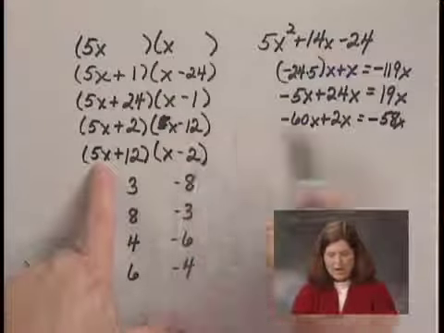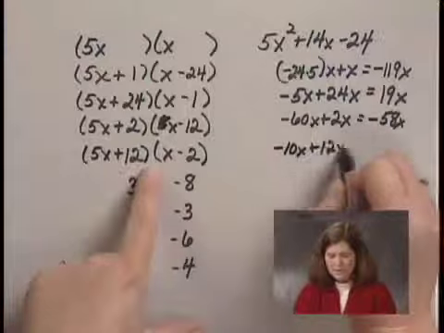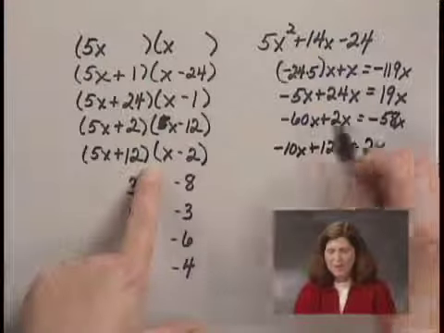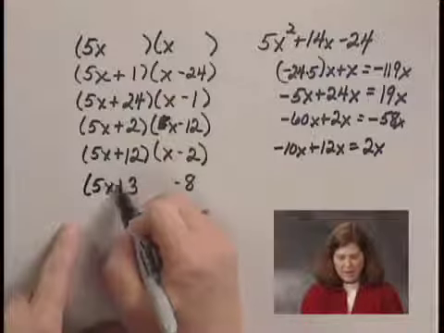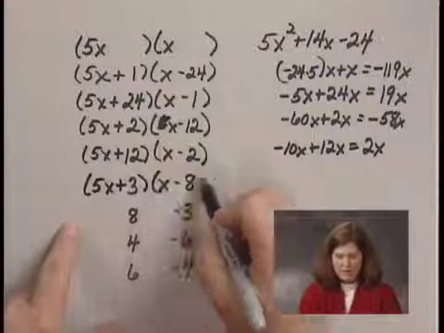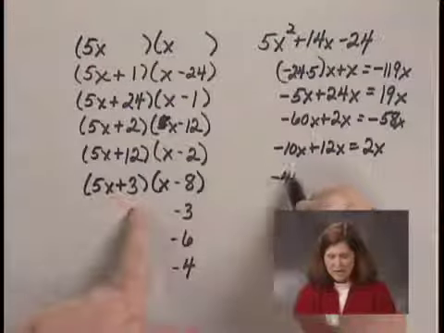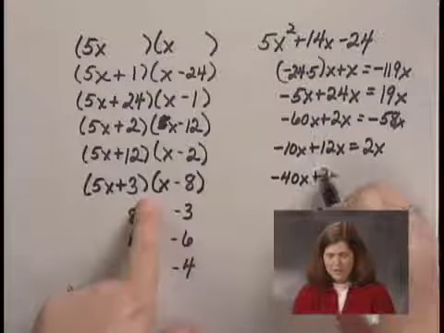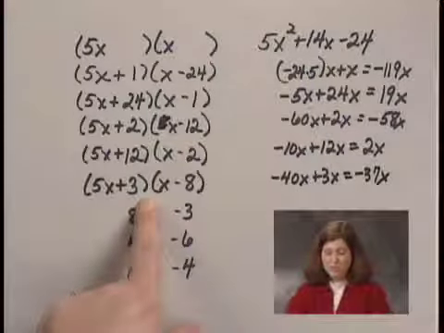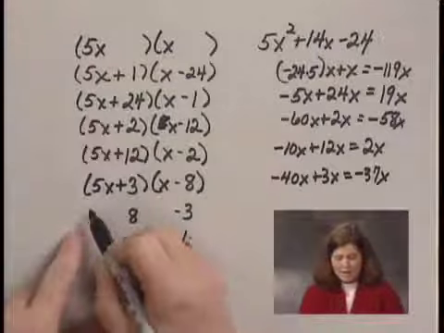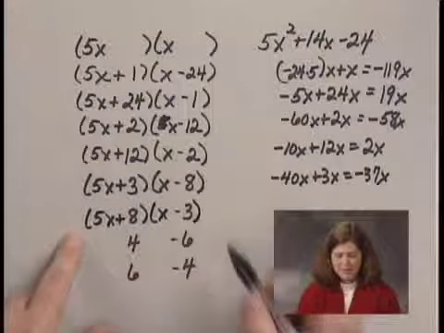My middle term will be negative 10x plus 12x, which is 2x. That's not 14. I'll try 5x plus 3, x minus 8. My middle term will be negative 40x plus 3x, which is negative 37x. That's not 14 or negative 14. I will try 5x plus 8, x minus 3.